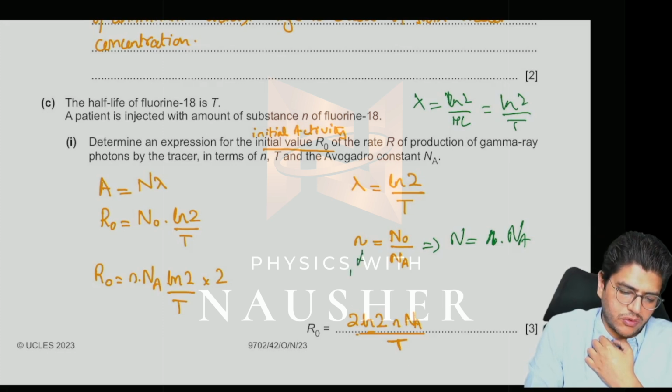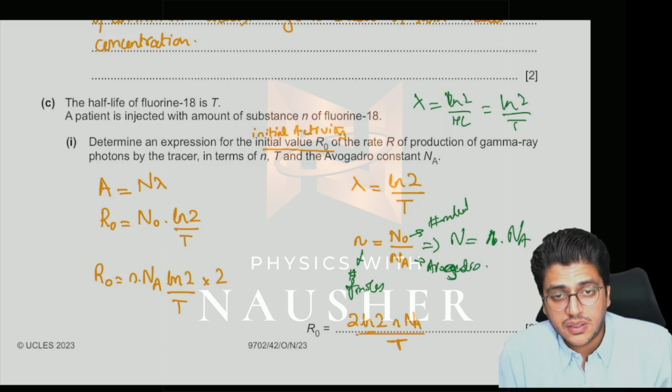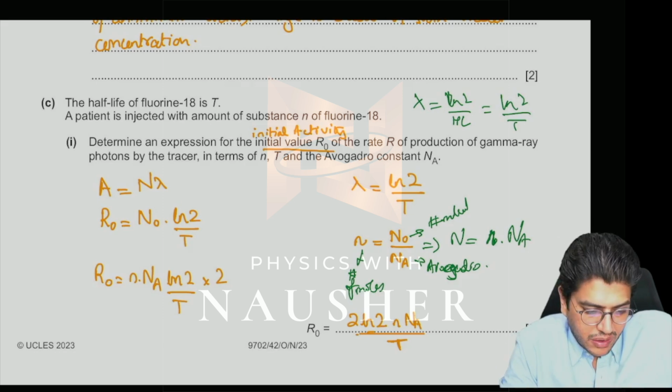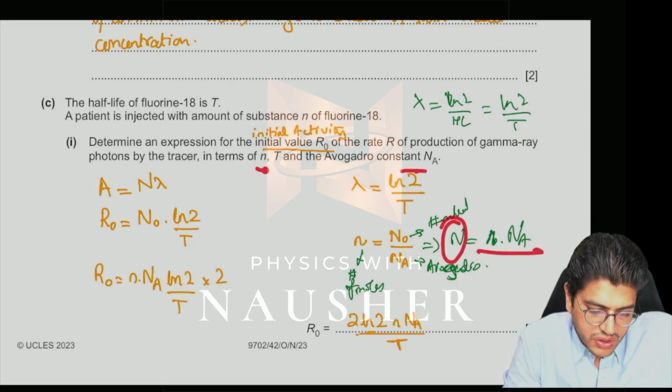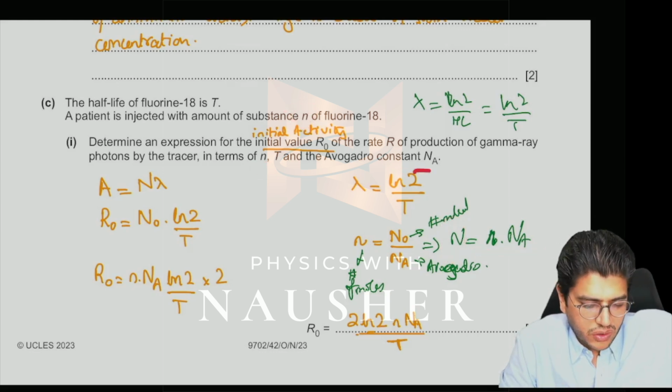This is the formula from chemistry O levels, number of molecules and Avogadro. This is also used a lot in ideal gases. So you have found out that N can be written as n times Na, where n is the amount of substance, number of moles, times Avogadro's number.